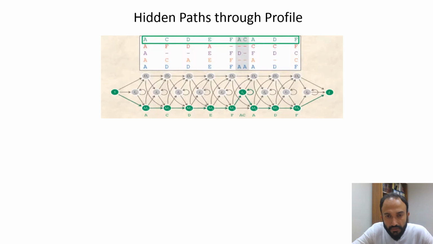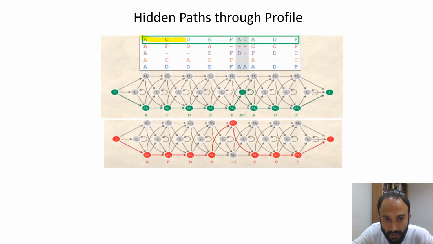So if we calculate the hidden path through the profile, for example, here if we talk about the first sequence A, C, D, E, this one, E, F, A, C, A, D, F. So we can see here that there is a possibility of A at this site, then C at this site, D, E, F, A, D, F at each site at M1, M2, M3, M4, M5, M6, right, and M7.